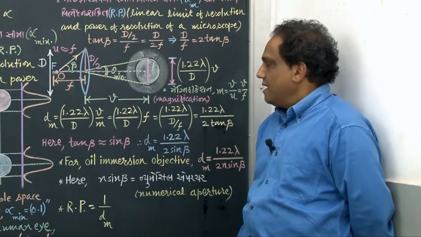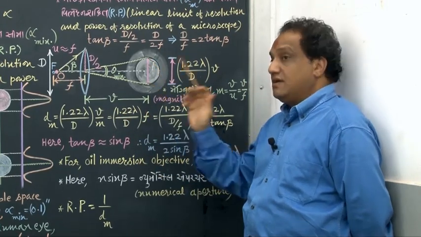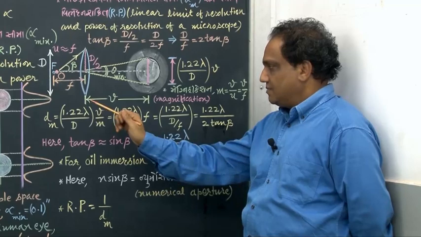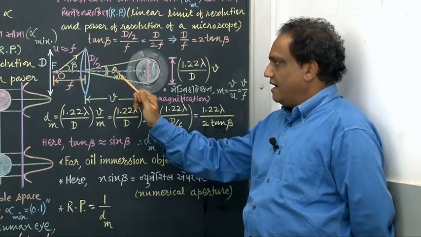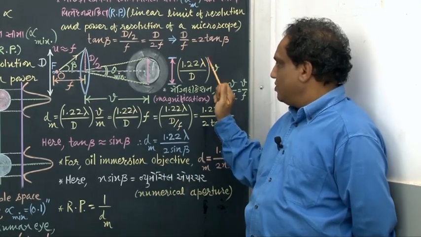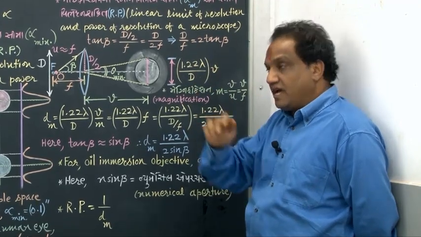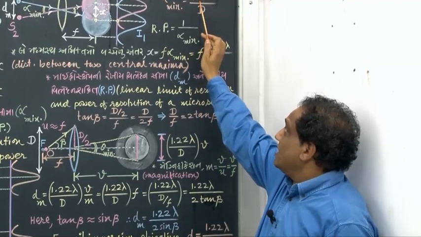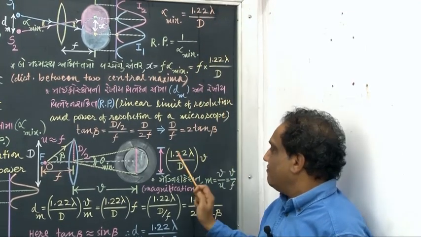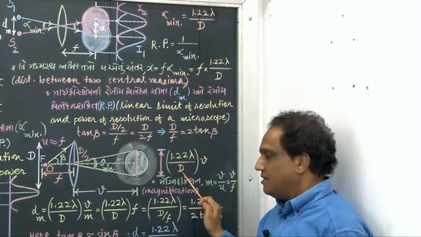Now what is the formula for arc? Radius into angle. Radius is this much, which is v, angle is theta minimum, and its formula is also the same as alpha minimum. So the formula is 1.22 lambda upon capital D.